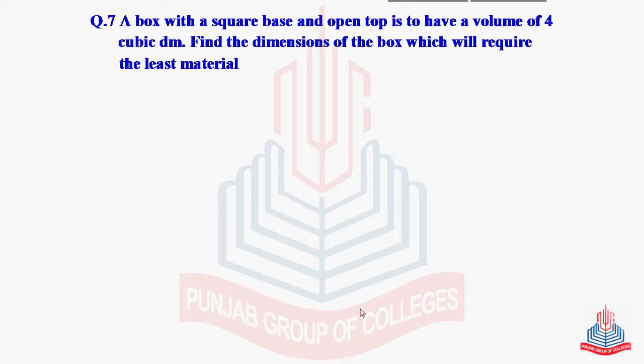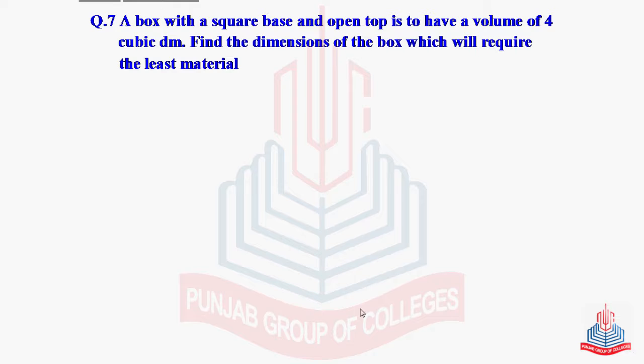You can say we have a metal sheet or a cardboard with which we have to make a box containing a volume 4 cubic decimeter, and the material with which we have to make that box should be least.